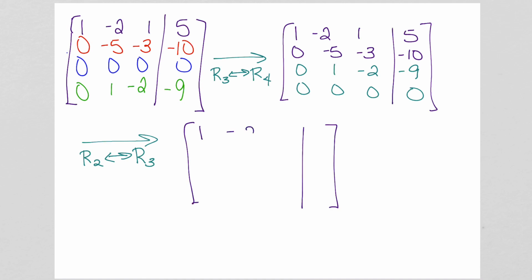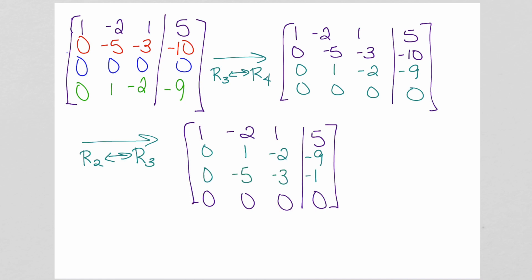So row 1 stays and row 4 stays, and 2 and 3 switch. So for row 2, we're now going to have 0, 1, negative 2, negative 9. And for row 3, 0, negative 5, negative 3, negative 10.